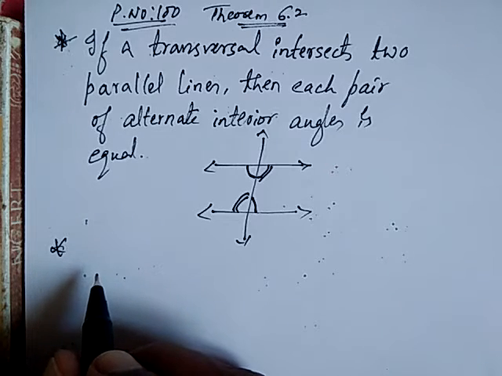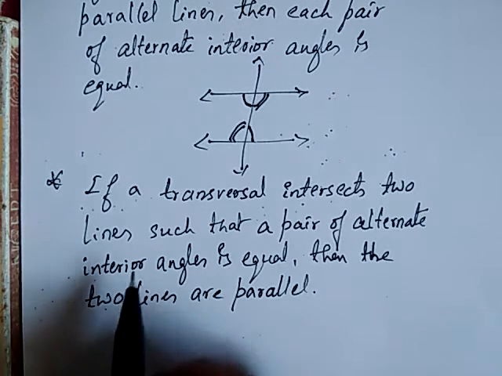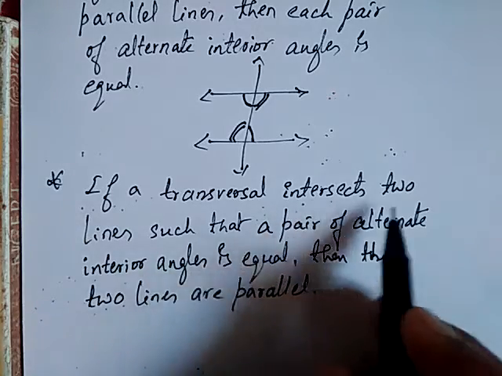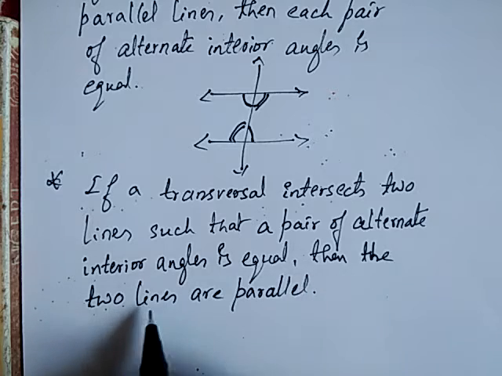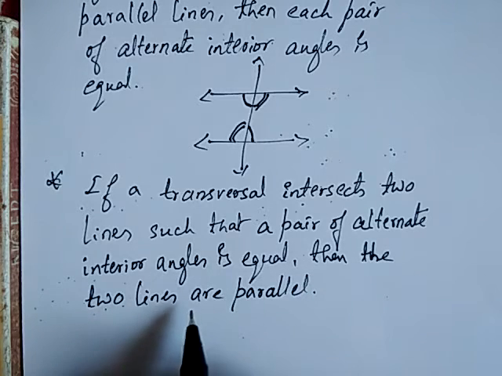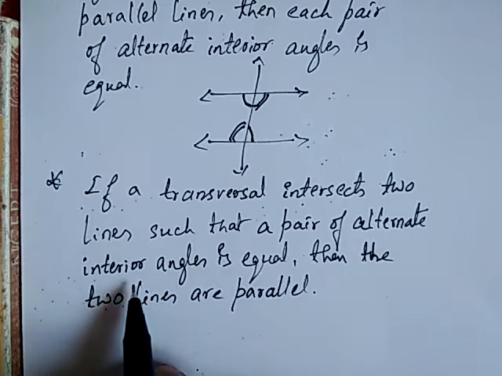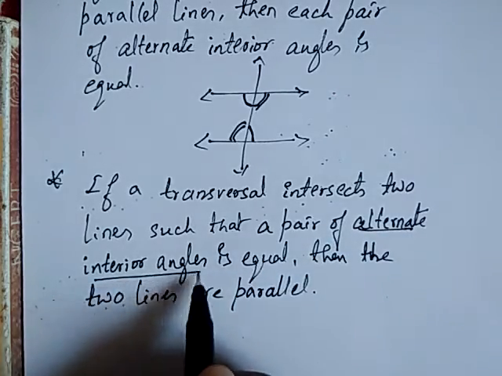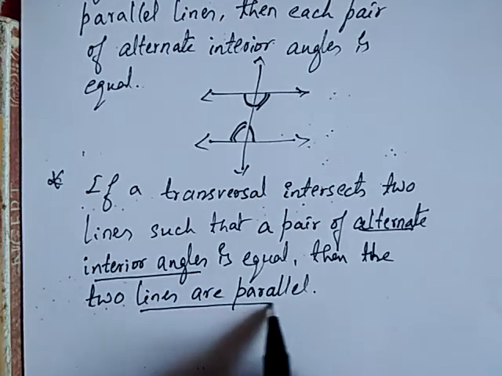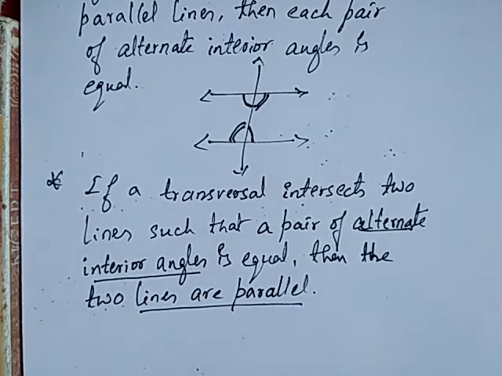The converse of the theorem is: if a transversal intersects two lines such that a pair of alternate interior angles is equal, then the two lines are parallel. What it says is, when a transversal intersects two parallel lines, the alternate interior angles are equal; and if the alternate interior angles are equal, then the given lines are parallel. So that you have to remember.